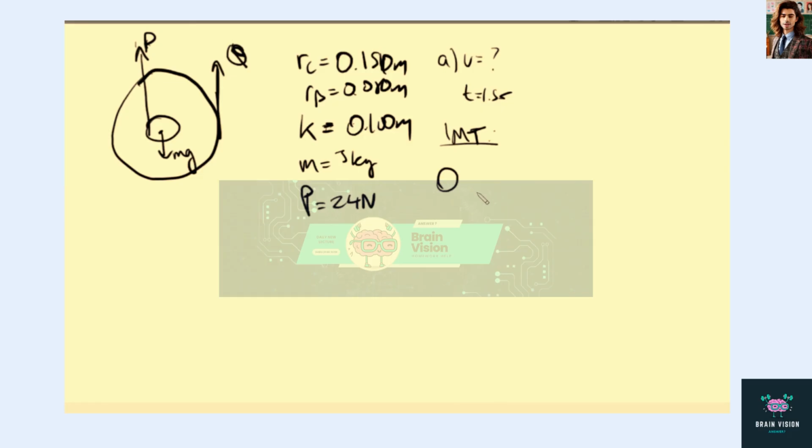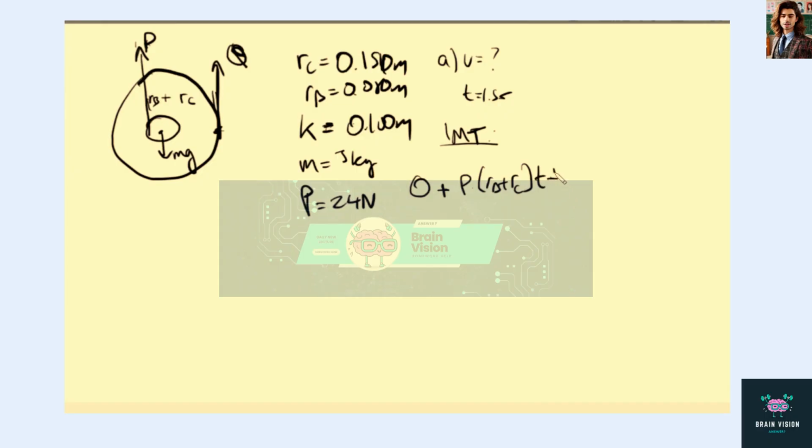So we have a 0 initial angular momentum plus an impulse of P times the radius of RB plus RC, since that's the distance from this point around which the rotation is occurring. So this is the moment. Now we need to multiply that by the time to get our impulse.